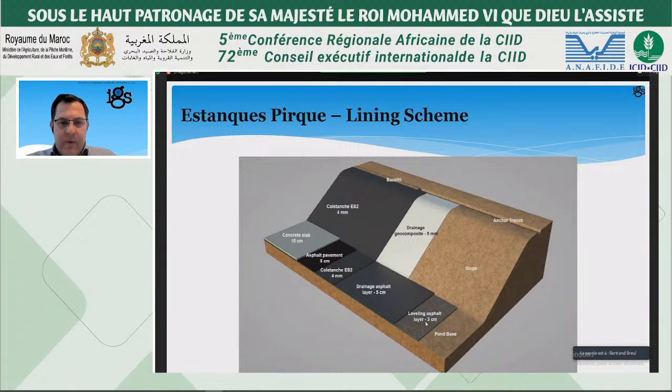You have a layer of 3 centimeters of leveling asphalt, and another layer of drainage asphalt, 5 centimeters. Above that, you have the geomembrane, which is 4 millimeters thick. Above that, you have asphalt pavement, 5 centimeters. And again, on top of that, you have a concrete slab of 15 centimeters.